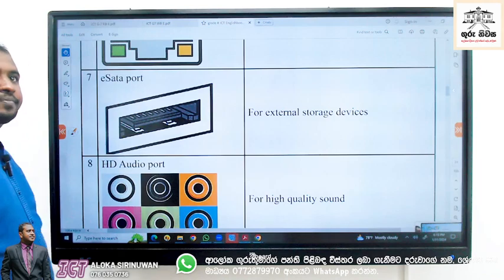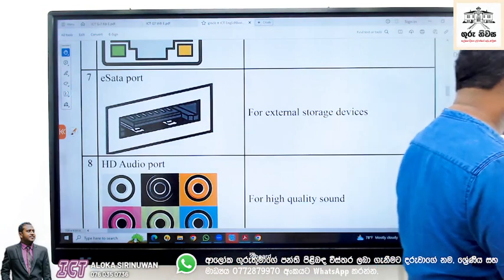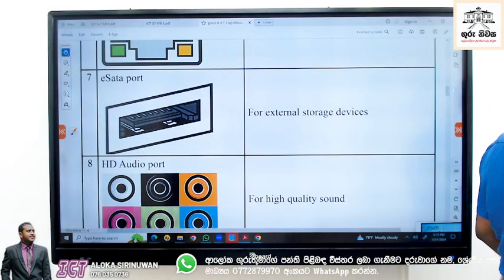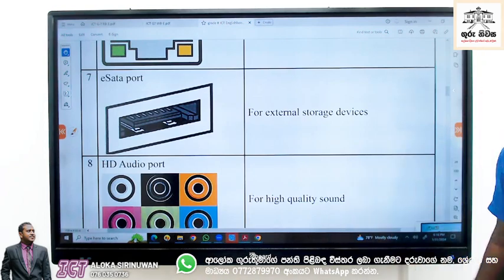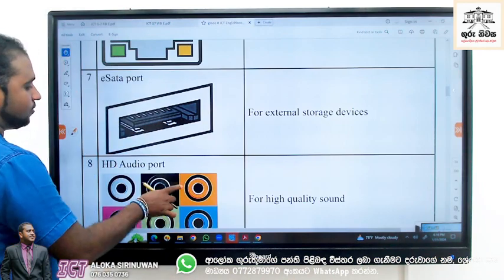Today's topic. හැමෝම ලියා ගන්න. eSATA port. Okay. Right. So look at here.